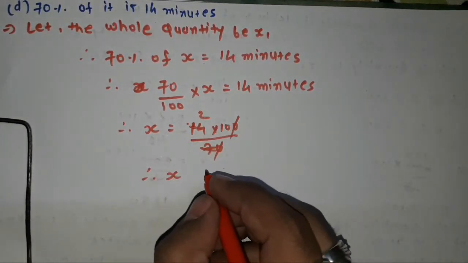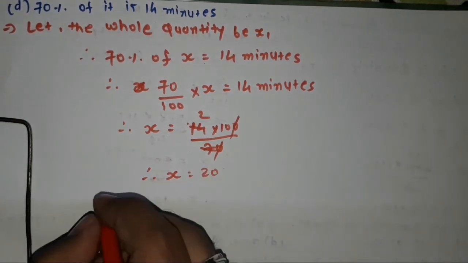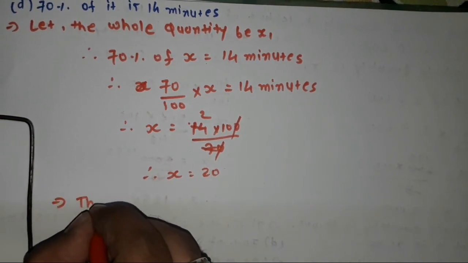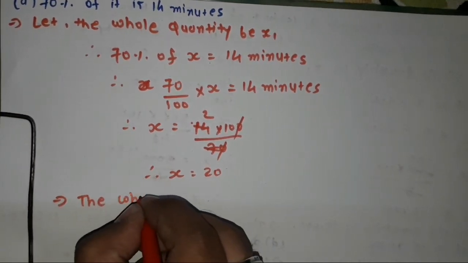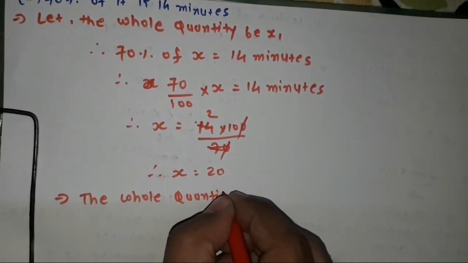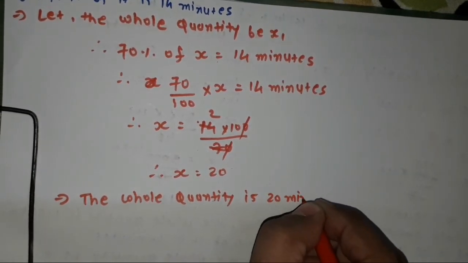So x is equal to 2 into 10, it will be 20. What 20? It is 20 minutes. So here we can write that the whole quantity is 20 minutes.